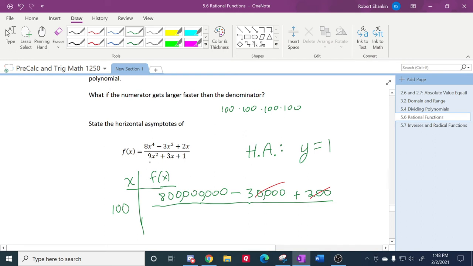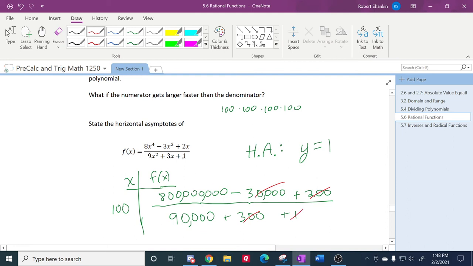Then if we do this one, it's 9. When you take 100 squared, you just have 2 of these, and you get 4 zeros, plus 3 with 2 zeros, plus 1. Now these two are so small compared with 90,000 that the answer is approximately 90,000.